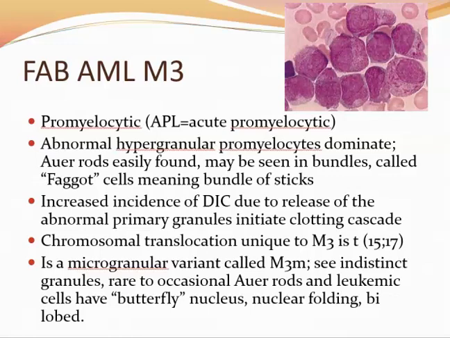There is a microgranular variant, M3v, and you see indistinct granules and rare to occasional Auer rods in leukemic cells. They'll have what's referred to as a butterfly nucleus, or a nuclear folding that has a bilobed appearance, and this is all for the M3 classification.